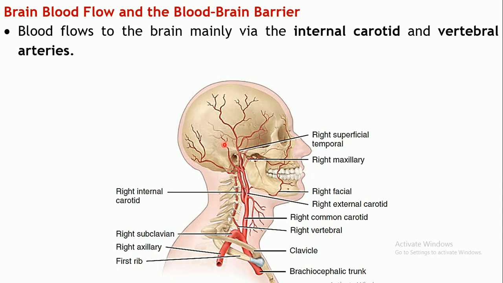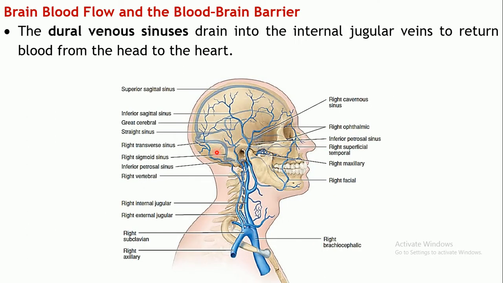Now the blood supply to the brain is provided via the internal carotid artery, that's the right internal carotid artery, and the vertebral artery. So that's also supplying the oxygenated blood to the brain. And the deoxygenated blood is drained via different dural venous sinuses.